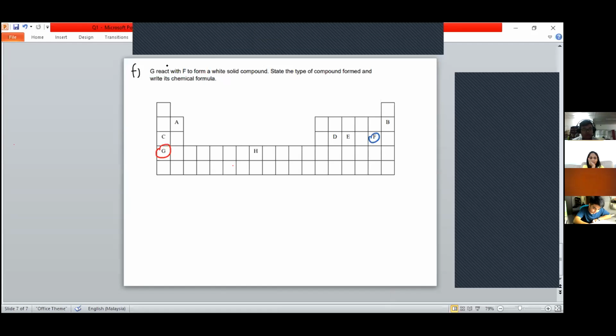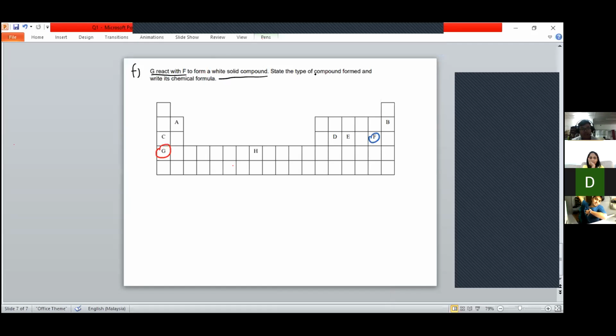So G reacts with F to form a white solid compound. State the type of compound and the chemical formula. G is over on group 1 and F is over on group 17. So group 1 has 1 valence electron and group 17 has 7 valence electrons.